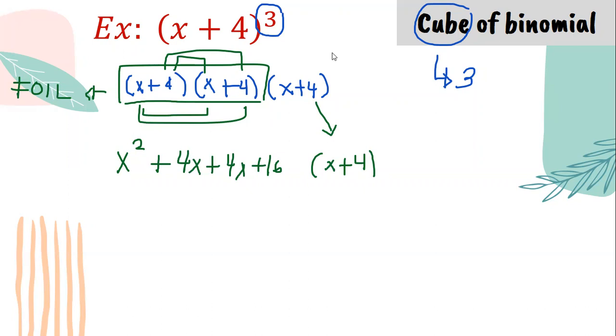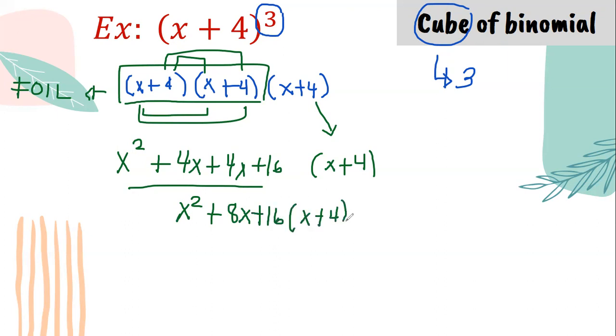Okay? So now, po, let's simplify this one. So by simplifying, po, meron tayong x squared plus 4x plus 4x is 8x plus 16 times x plus 4. Okay, so what is the next step?